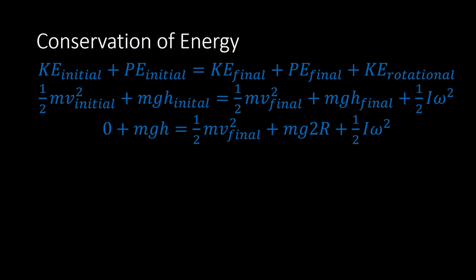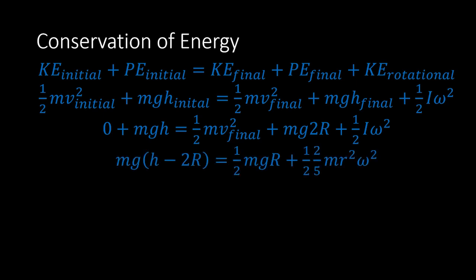For the final kinetic energy, we will have both final linear and final rotational kinetic energy added together. The final linear kinetic energy is 1/2 mv squared, plus the final rotational kinetic energy, which is 1/2 I omega squared. I is the inertia, or you can think of it as the rotational mass of the ball, and omega is the angular velocity of the ball.